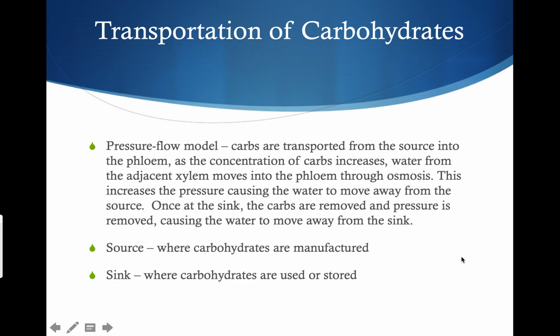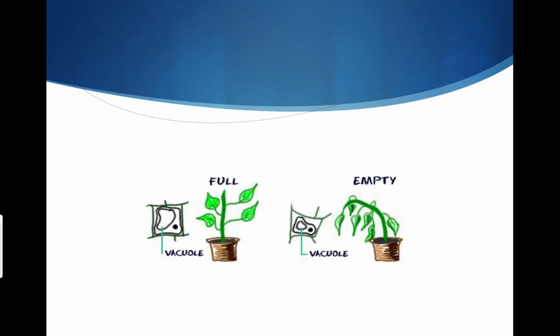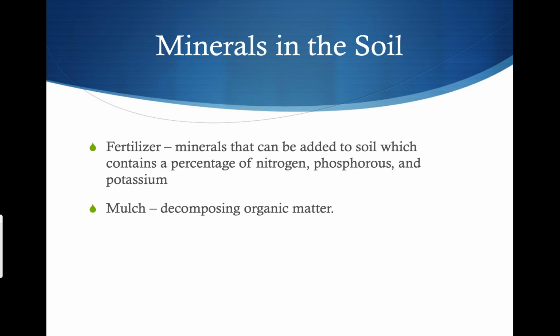So the pressure flow model says that carbohydrates are transported from the source into the phloem. As the concentration of carbohydrates increases, water from the adjacent xylem moves into the phloem through osmosis. This increases the pressure, causing the water to move away from the source. Once at the sink, the carbs are removed and pressure is reduced, causing the water to move away from the sink. So this is a constant process of moving.